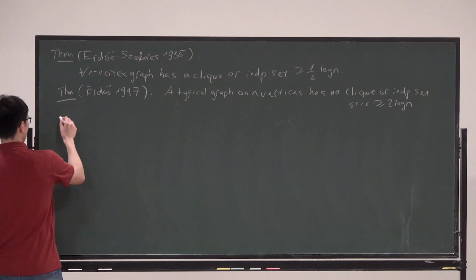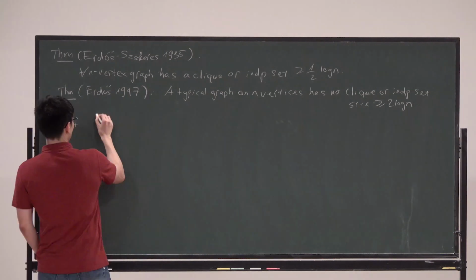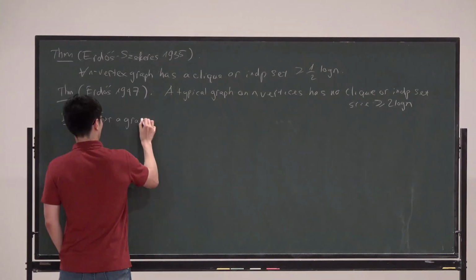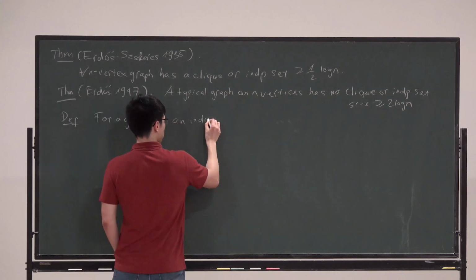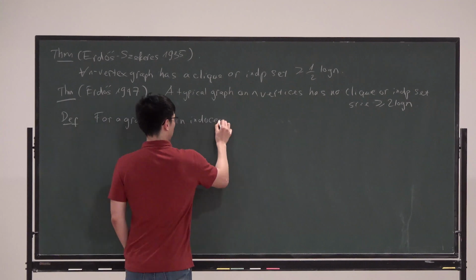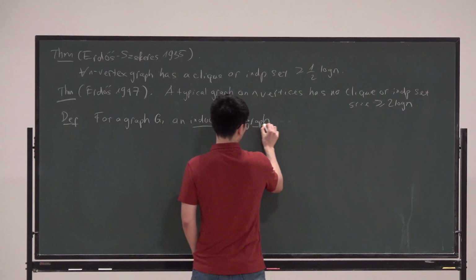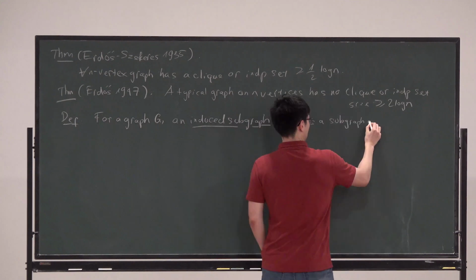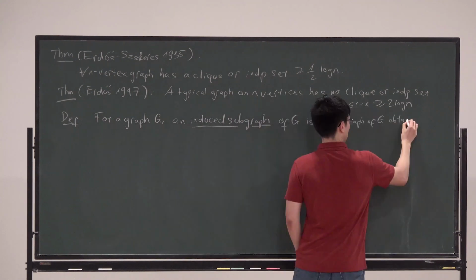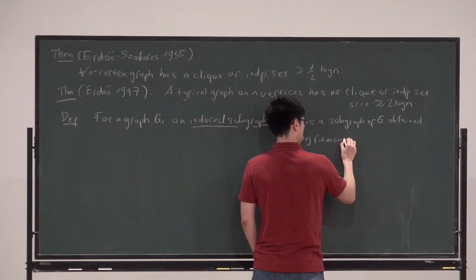So, definition. For a graph G, an induced subgraph of G is a subgraph obtained from G by removing vertices only.